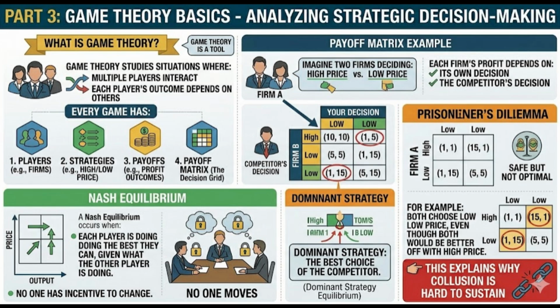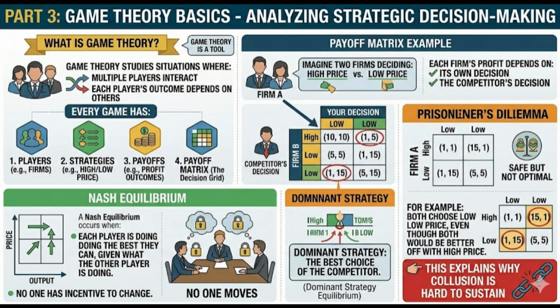Now let's look at Nash equilibrium. This is a very important concept. A Nash equilibrium occurs when each player is doing the best they can given what the other player is doing. No one has an incentive to change. So here's the problem.